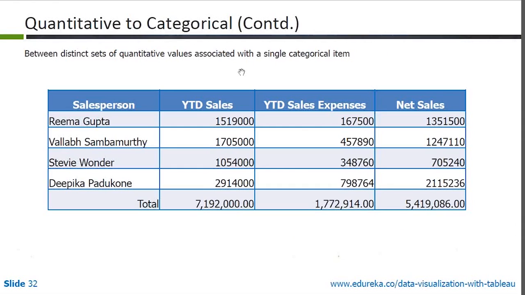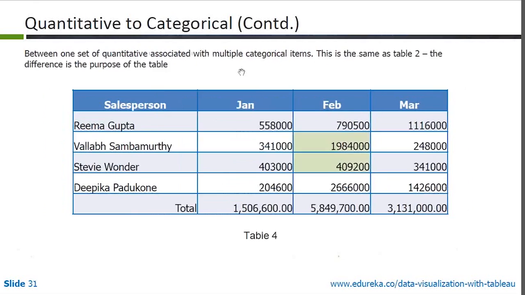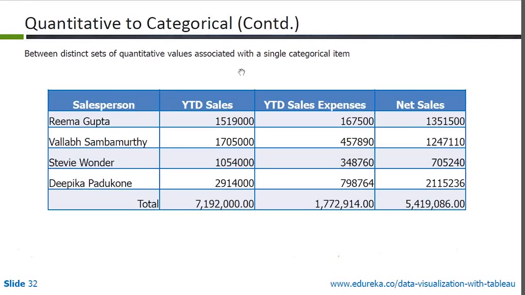And similarly, we try to see different things. We see sales, sales expenses and net sales. So there is a different thing altogether. If you add sales across, but compare to this, the net sales would be different. The net sales would give you a different insight compared to sales.